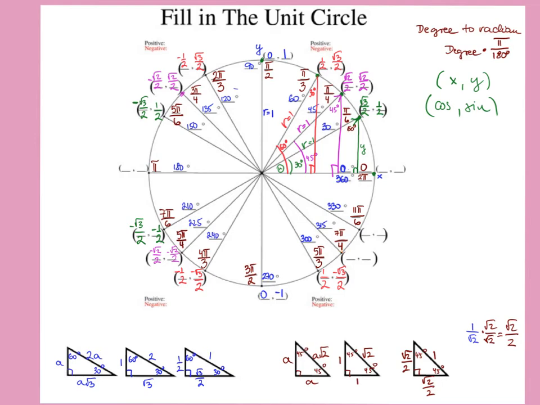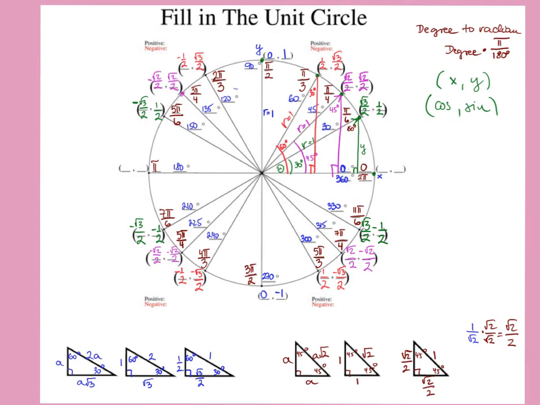So that's going to be √2 over 2 and negative √2 over 2. And the last angle is the 30-degree angle. So we are going to reflect the last ordered pair. So that's going to give us √3 over 2 and negative 1/2.